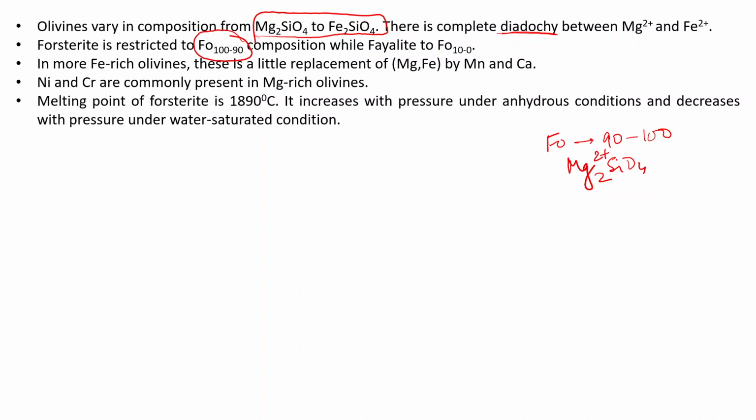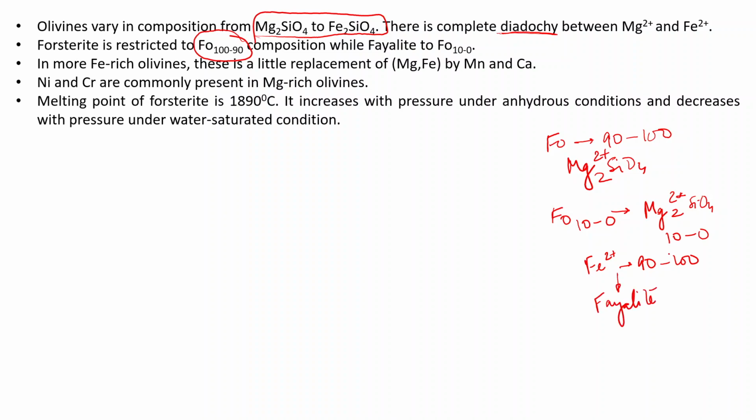But if this composition is 10 to 0, what does it mean? That the Mg2SiO4 content ranges between 10% to 0, meaning the Fe2+ component is 90 to 100, only then this will be called a fayalite.